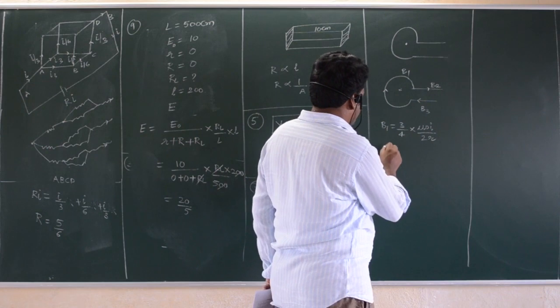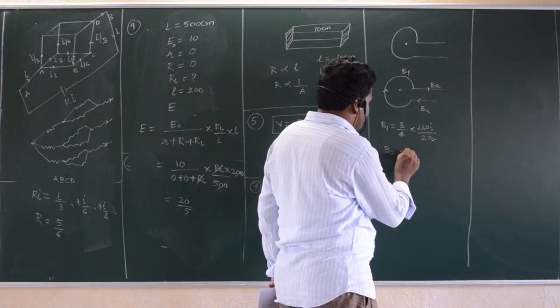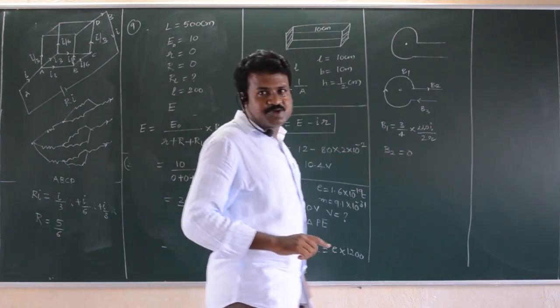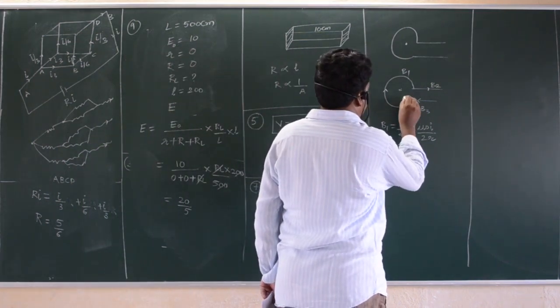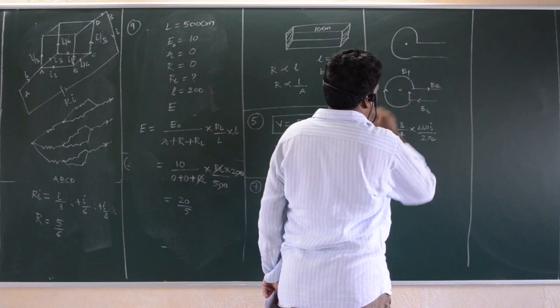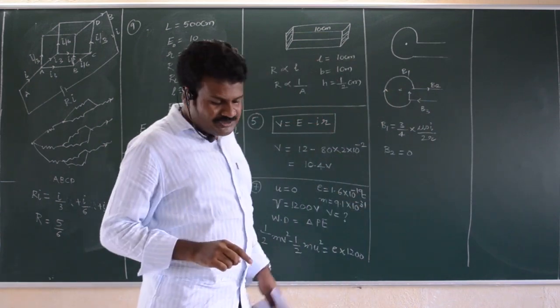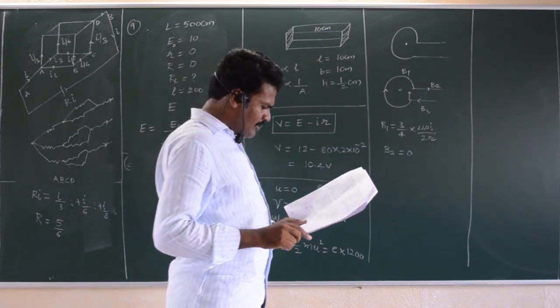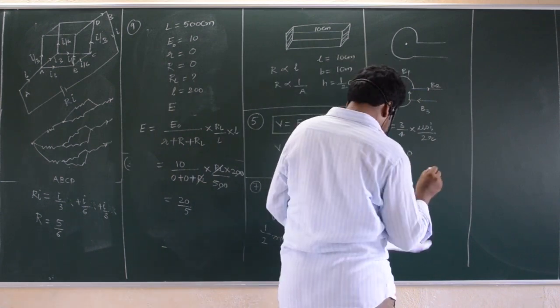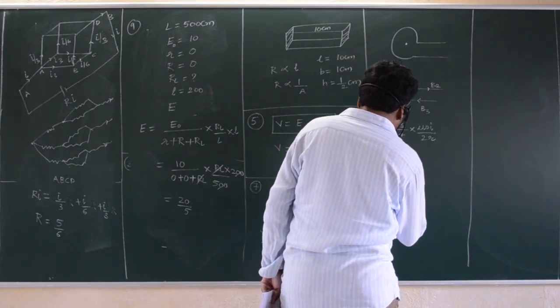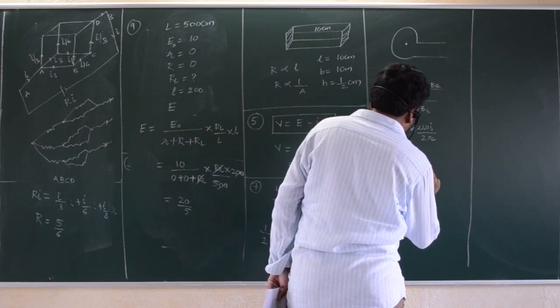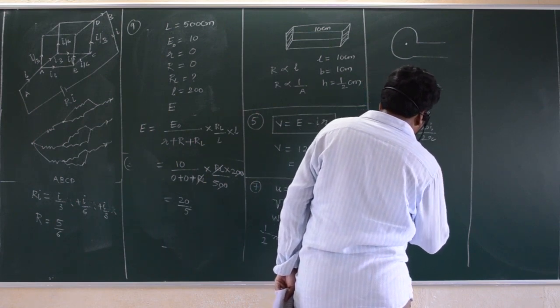Next, due to B2 it is 0, because on the bottom and top of the wire there is no magnetic field. Next, due to B3, the distance is R, it is a short wire at the end, so that is mu naught I by 4 pi R.